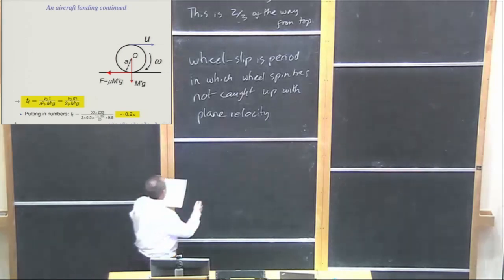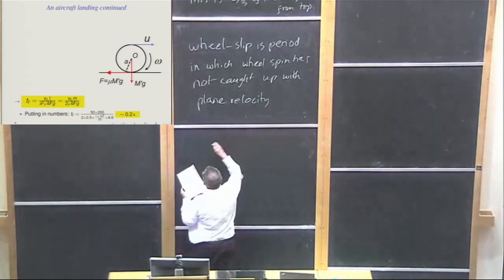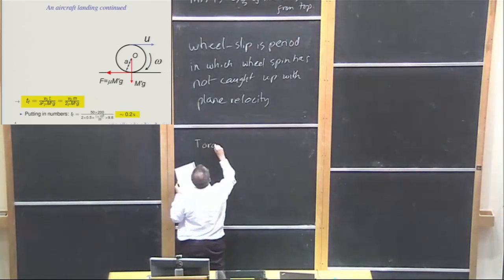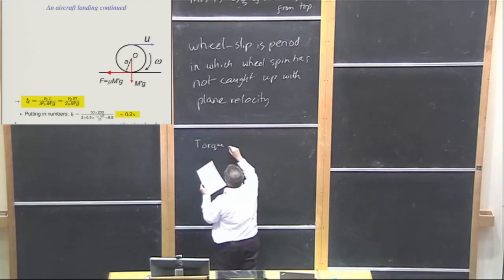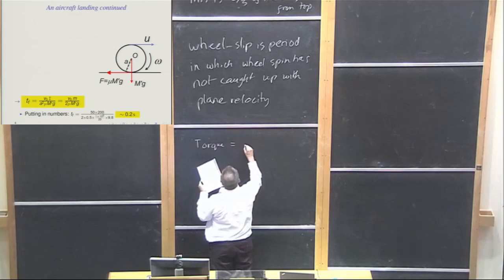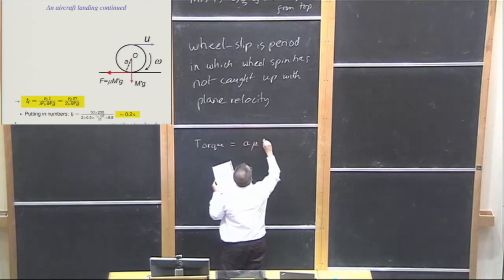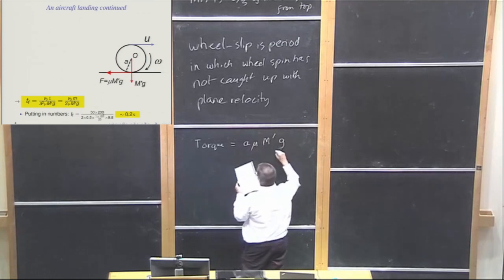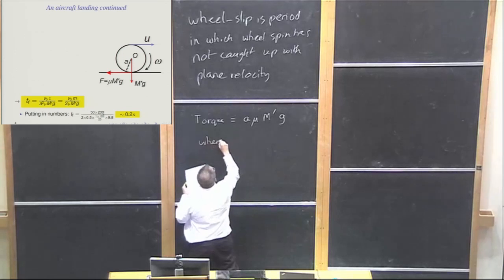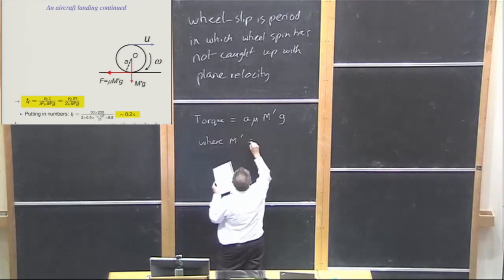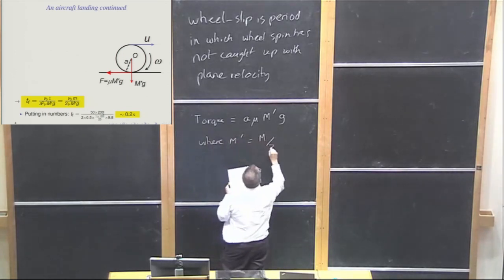So torque is a mu m prime g, where m prime equals the total mass divided by 20.